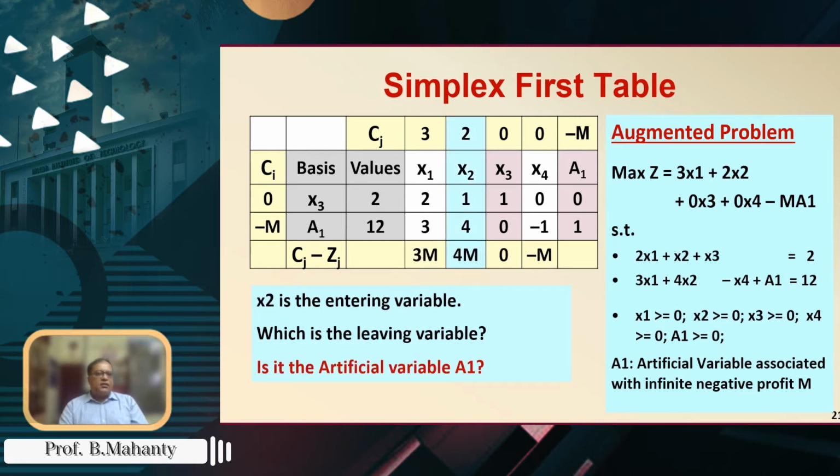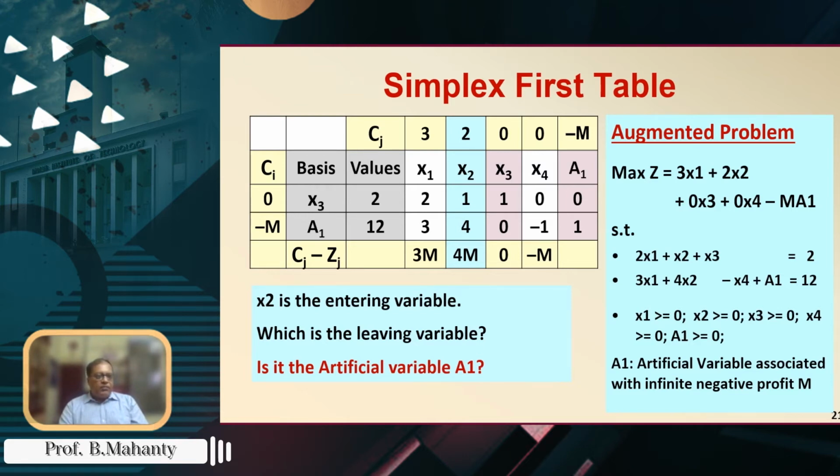And since that 3 is too small, we have neglected that, and we get Cj minus Zj as 3 minus of minus 3M, that means plus 3M, so 3 plus 3M. And this one would be 2 plus 4M, so 2 we ignore and you can say it is 4M, and this one is minus M because Zj is M, so 0 minus M is minus M.